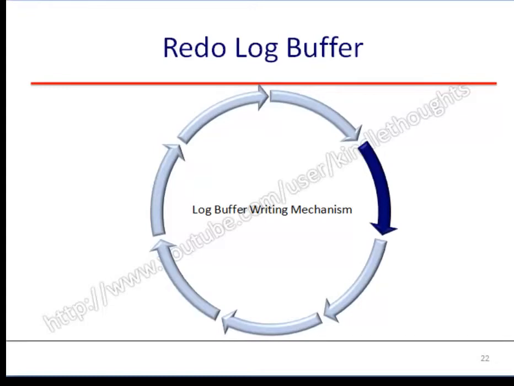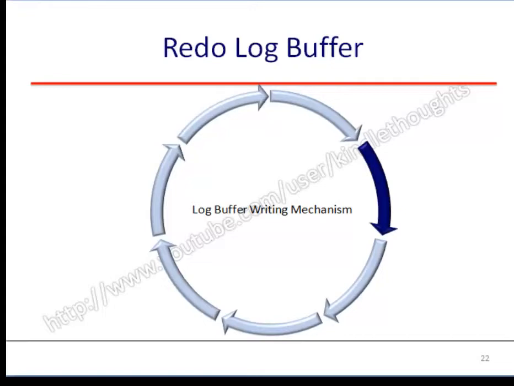And how does this writing mechanism work? Redo log buffers are not huge like database buffers in the memory. So when we look at how Oracle uses the redo buffers, they are used in a circular fashion.